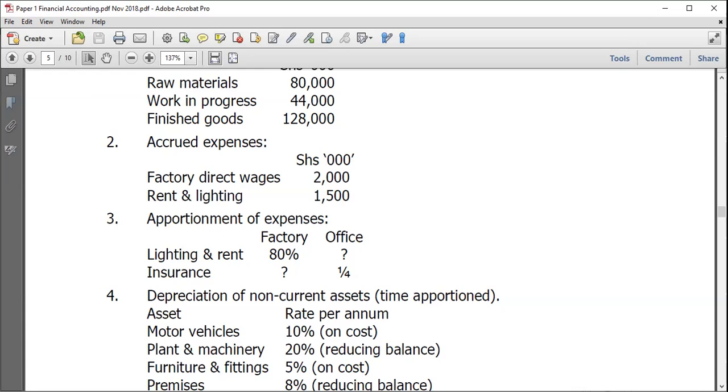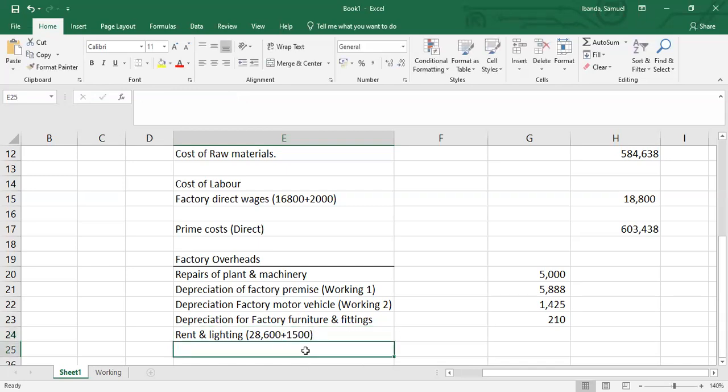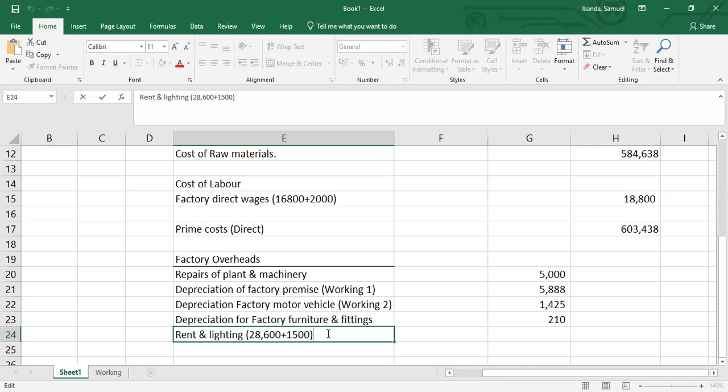So let me just try to use this small space so that I'm able to do that. So I'll have my 28,600 and I'll add 1,500. Now adding these two together gives us what would be our rent for the period.